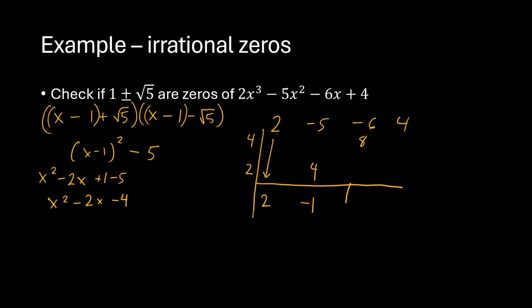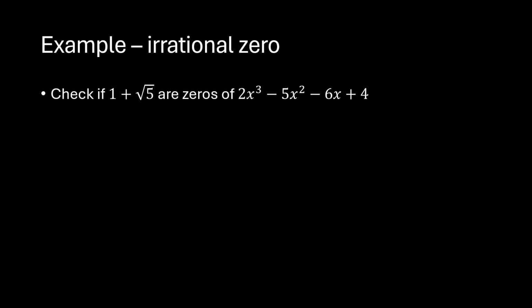Multiply at the diagonal, so it's negative 1 times 2, which is negative 2, and negative 4. Add the columns, 0, 0. Since the remainder is 0, that means that those are zeros. So we can do it this way. This is kind of familiar, but we can also do it another way.